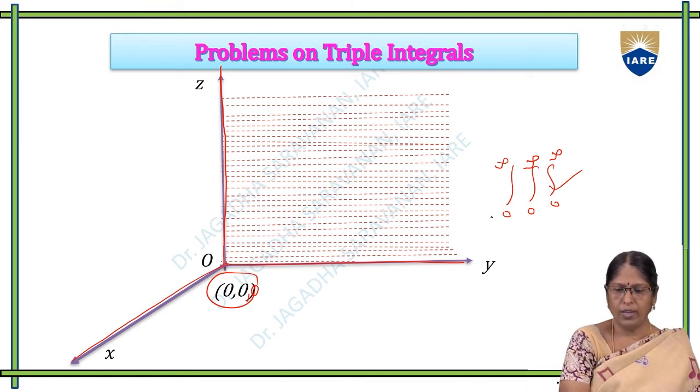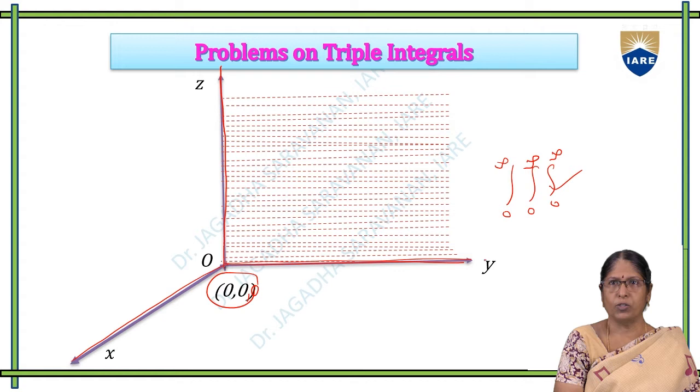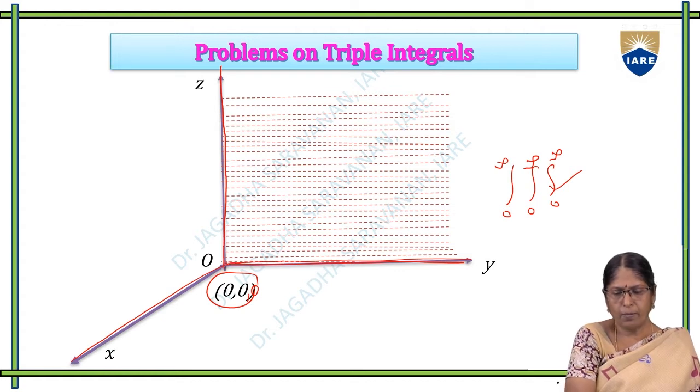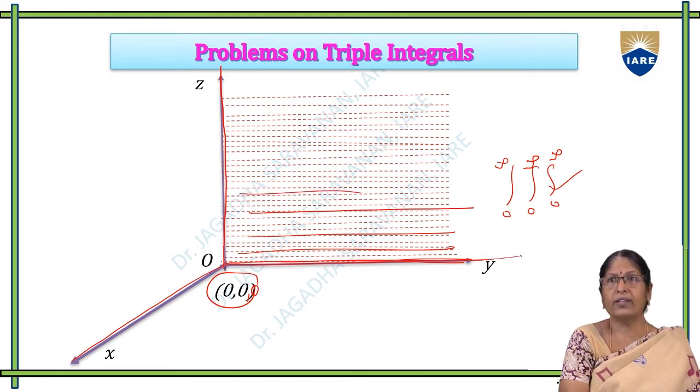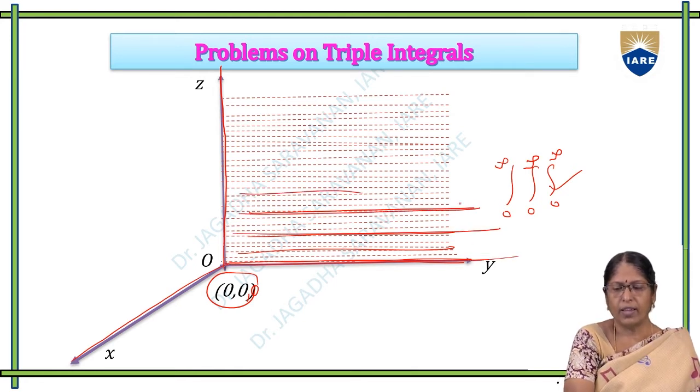So now here it moves first. The y dimension 0 to infinity is shaded completely. However long the y extends, this area also extends.